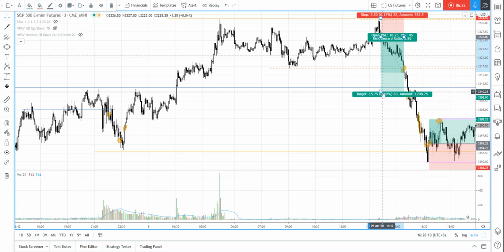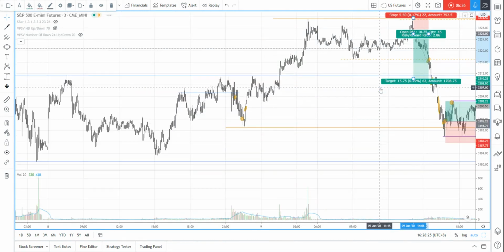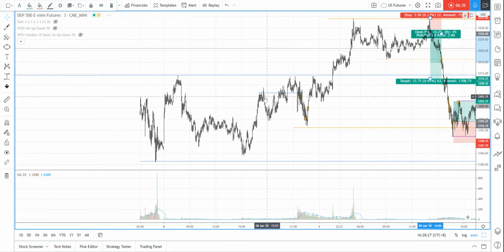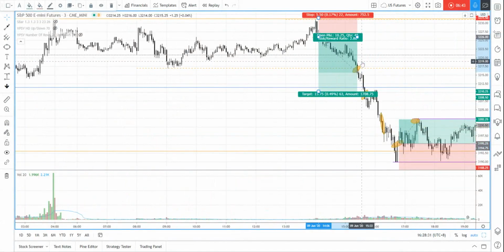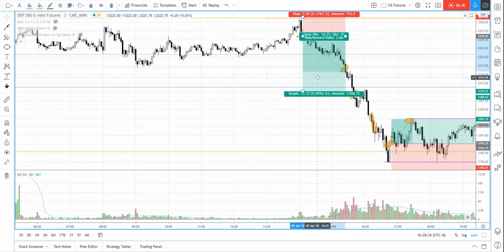So if you recall in my previous video, I did talk about the resistance level, because this is quite a strong resistance zone, and I just took the rest of my profits at this level, 3210, and this coincides with the swing high level as well. So that's for the short trade to the downside.